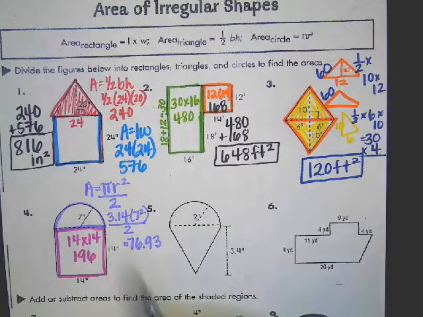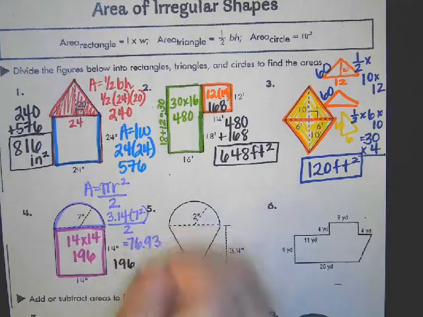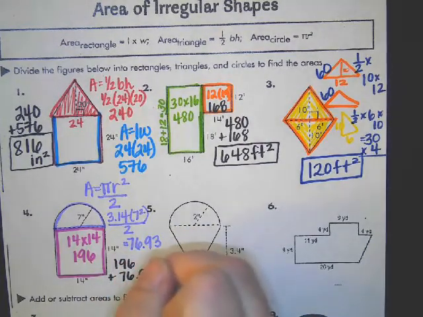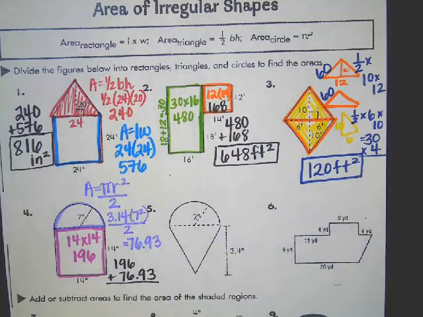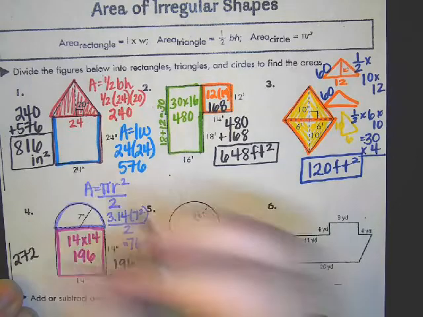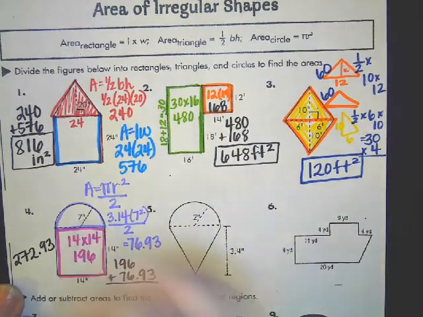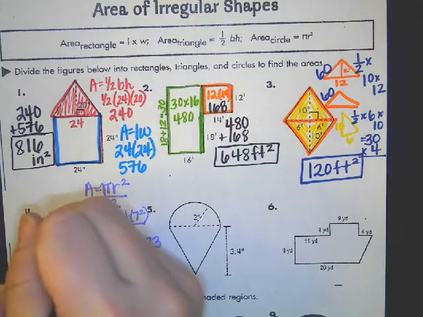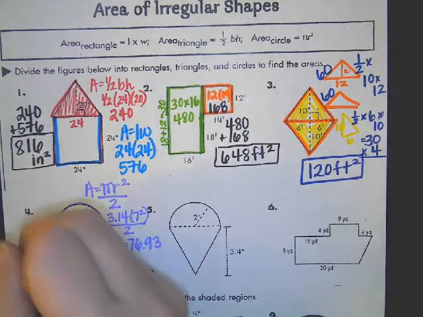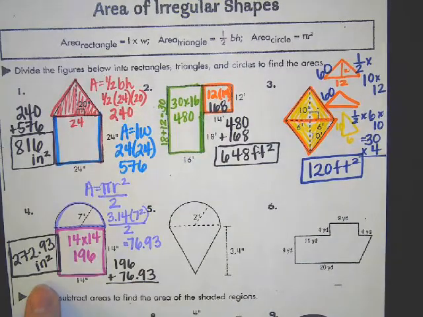When I add 196 plus 76.93, I know that my total is 272.93. The unit is inches, and because it was area, it is squared. I'm going to box in my answer so that it's easy for you to find.